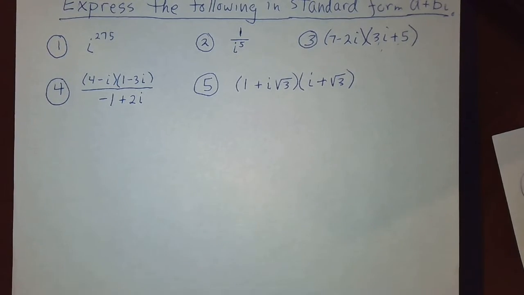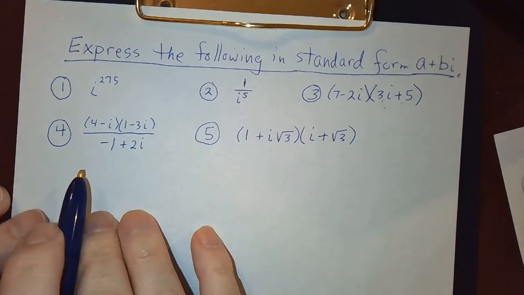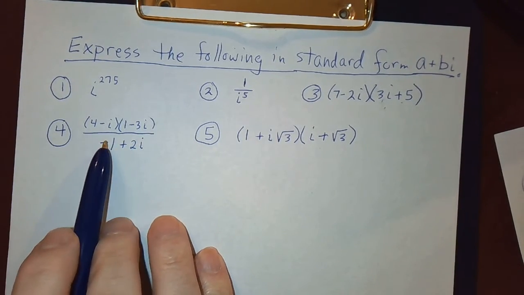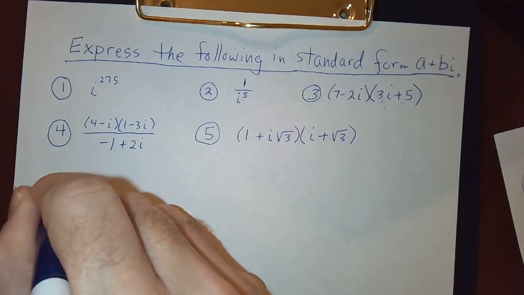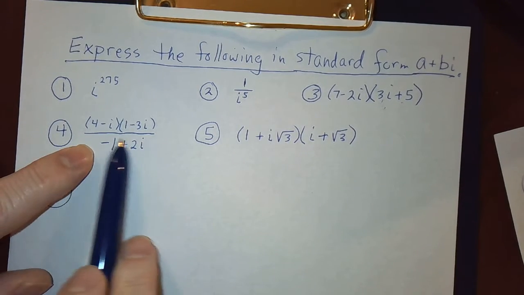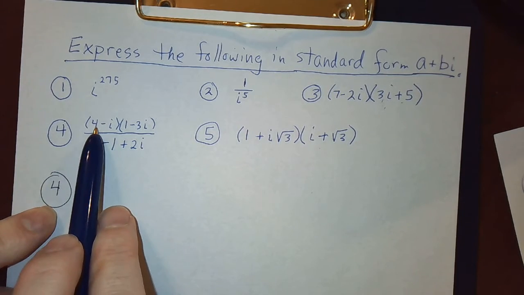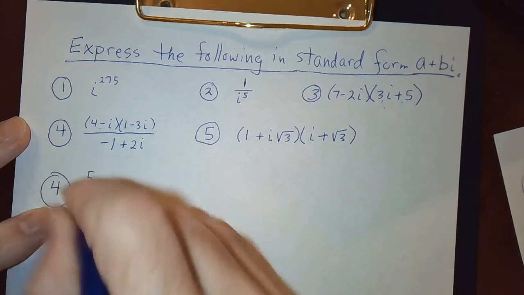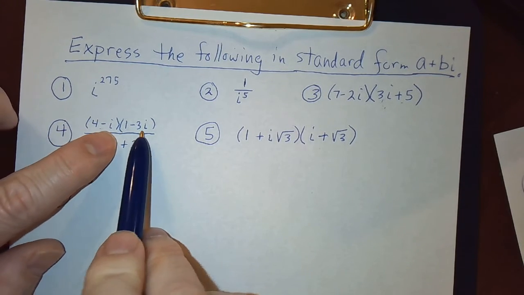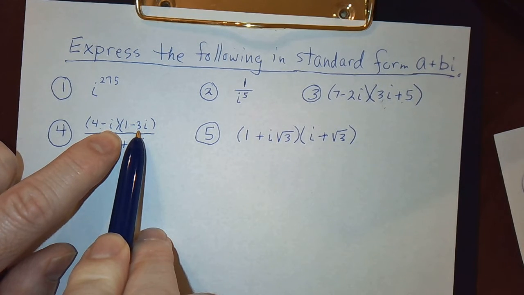And now I think I'll need another sheet for numbers 4 and 5. Maybe I can get them right here. Number 4. Let's do it right here. Okay, rather than rewriting it, maybe I'll just FOIL out the top first. So 4 times 1 is 4. That's the first. I'm going to jump to the last because that'll be another real number. Last times last. Negative i times negative 3i is positive 3i squared.